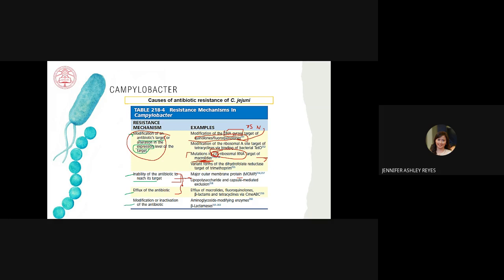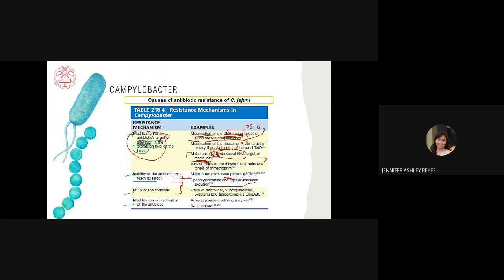So, yung outer membrane changes that happen, parang nalilesen ang penetrating capability of the antibiotic to the cell membrane of your Campylobacter. And as one aspect of that is the altered lipopolysaccharide structure. So yung lipopolysaccharide is an essential component of the outer membrane, and when it is modified, there will be hindrance in the passage of certain antibiotics across the outer membrane.